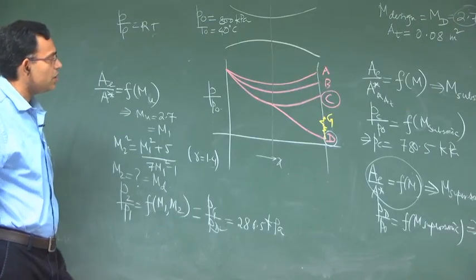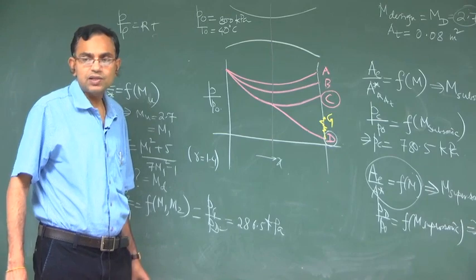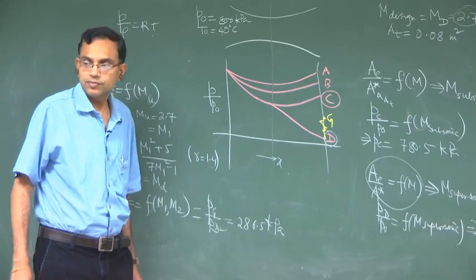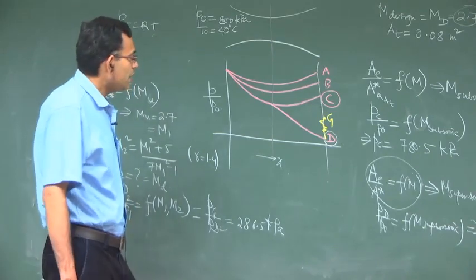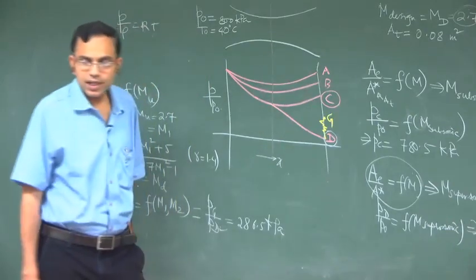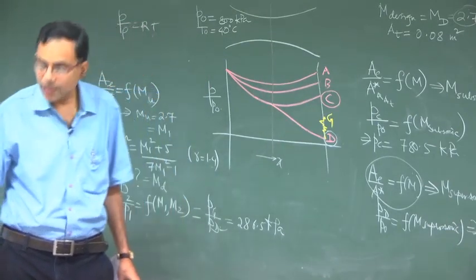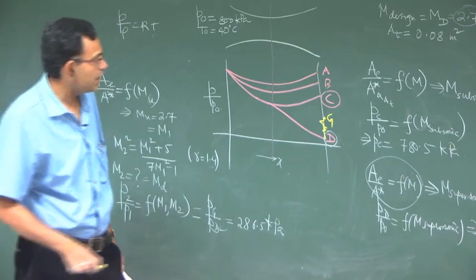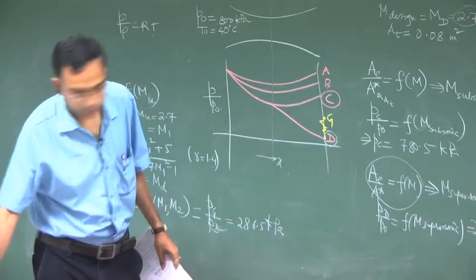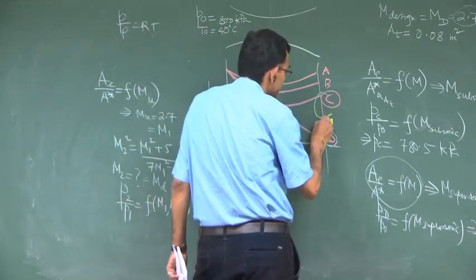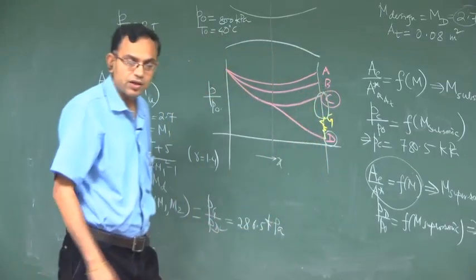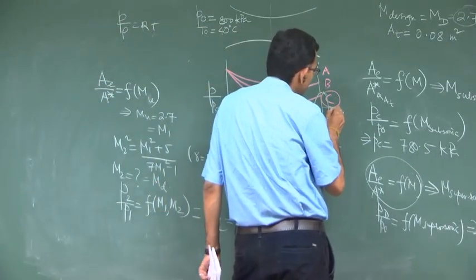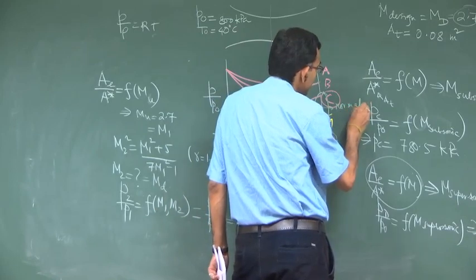Question number 6, what is the range of pressure for which there is no shock inside the nozzle? When there is shock inside the nozzle, that range is this one. What kind of shock? Normal shock inside the nozzle.